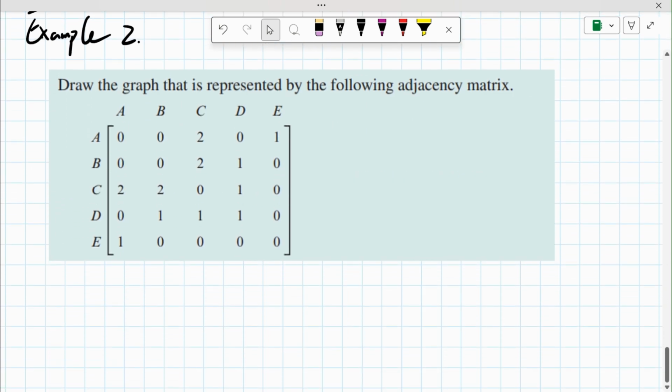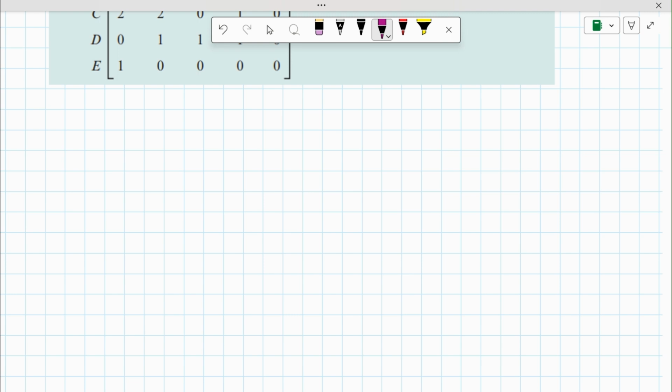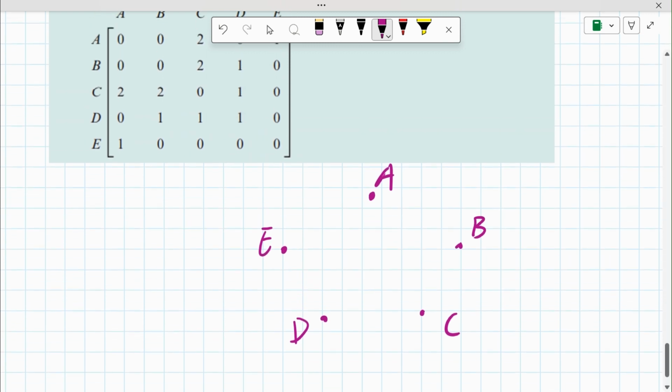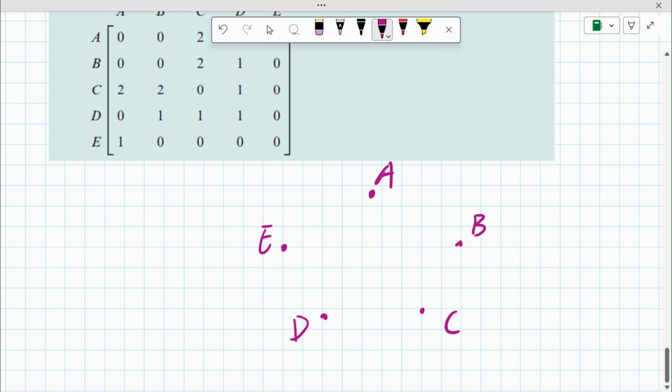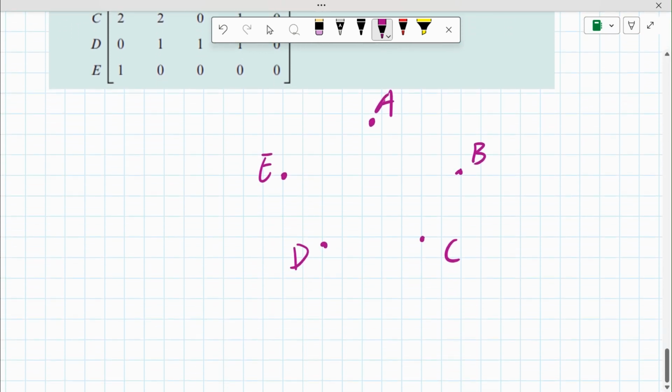Now we're going to use this to draw our graph. It's a 5 by 5 square matrix with 5 vertices: A, B, C, D, and E. A to A is 0, and A to B is 0, so we don't have a connection between A and B. But A to C, we have 2 edges.